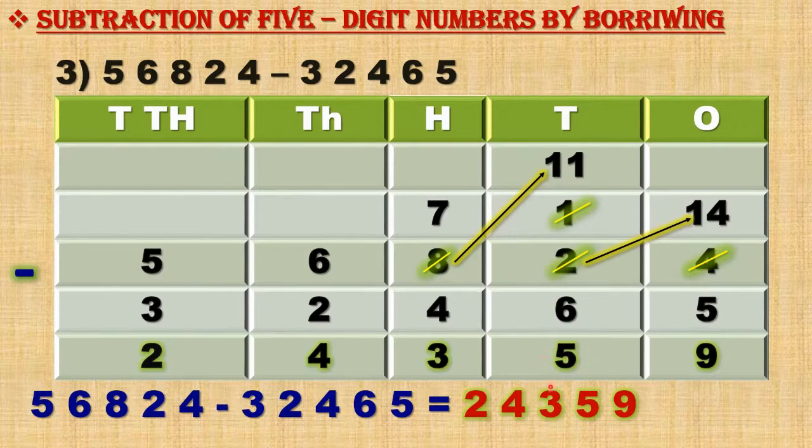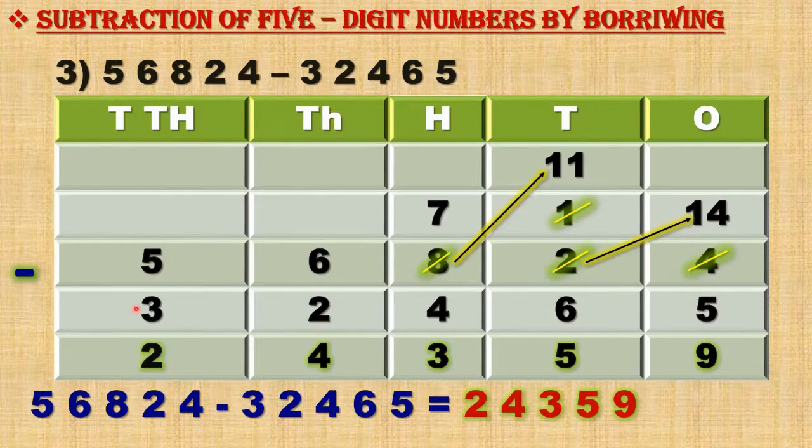Now next hundreds place, we have to subtract 4 from 7. So 7 minus 4 is equal to 300s. Now next thousands place, we have to subtract 2 from 6. So 6 minus 2, we got 4,000s. Now last 10,000s place, we have to subtract 3 from 5.